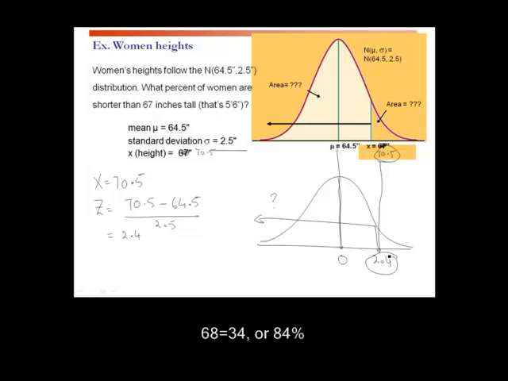Therefore, the answer is 99.18% of women are shorter than 70.5 inches. Doesn't it beat doing integration? Okay. So let's do more problems.